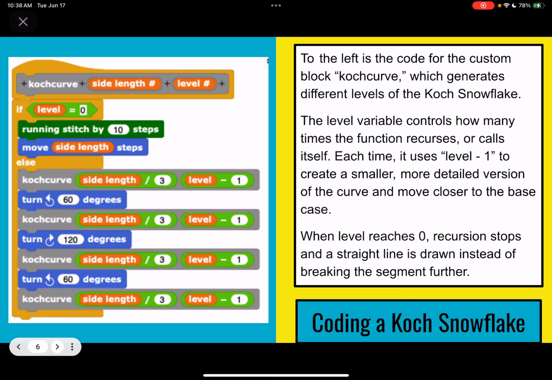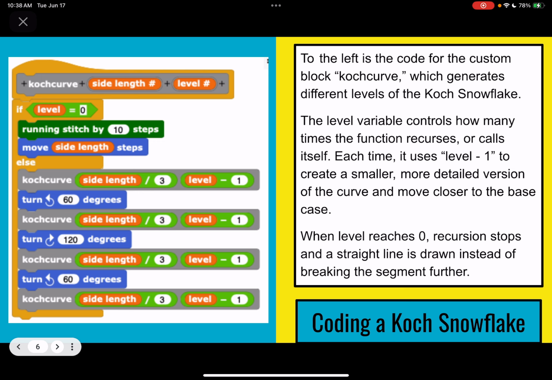The program calls itself over and over at smaller and smaller scales. The Koch curve block draws one side of the Koch snowflake. It takes 2 inputs, the length of the line to draw, the side length, and the level, which determines how many times the line will be subdivided, that is, the recursion depth.